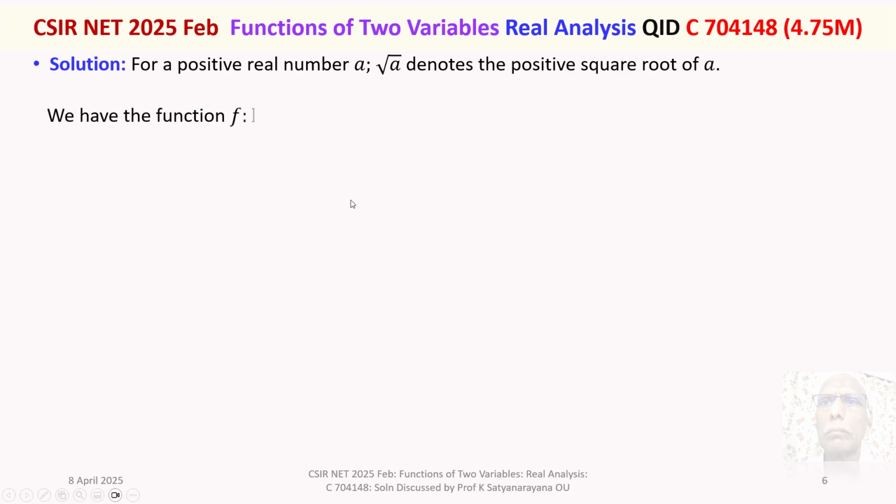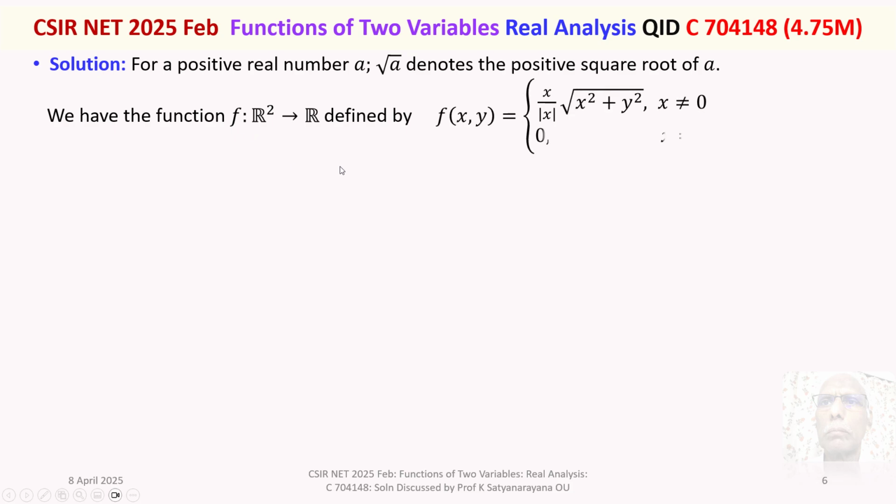We have the given function f from R square to R defined like this. First, we discuss the continuity of the given function at 0, 0. For this, I will use the epsilon delta definition.